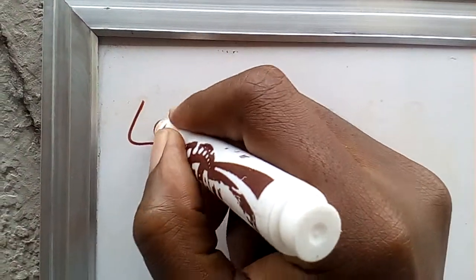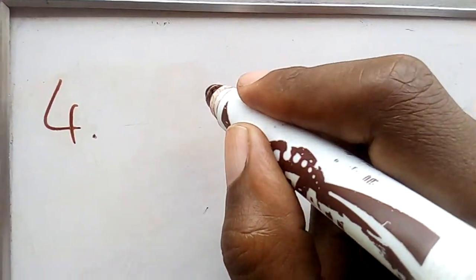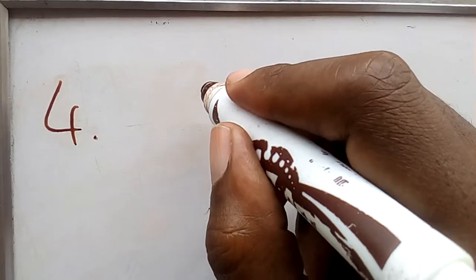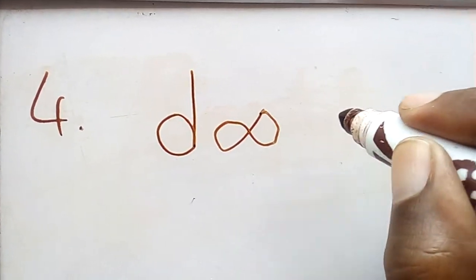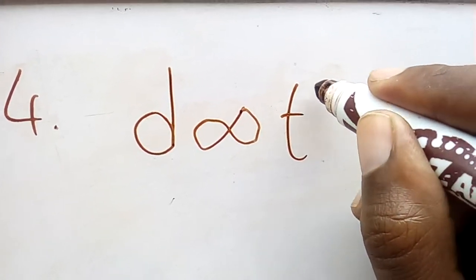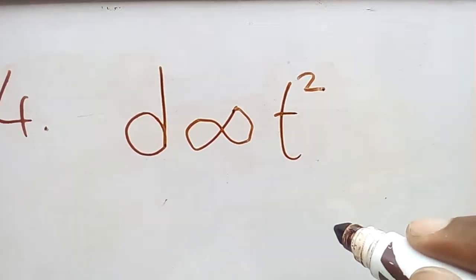Now, a question of direct variation is simply represented like this. d is directly proportional to t squared.